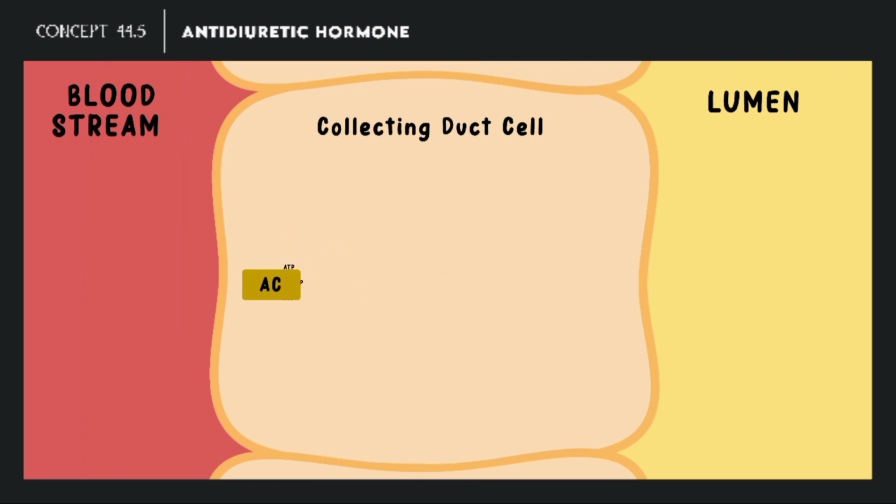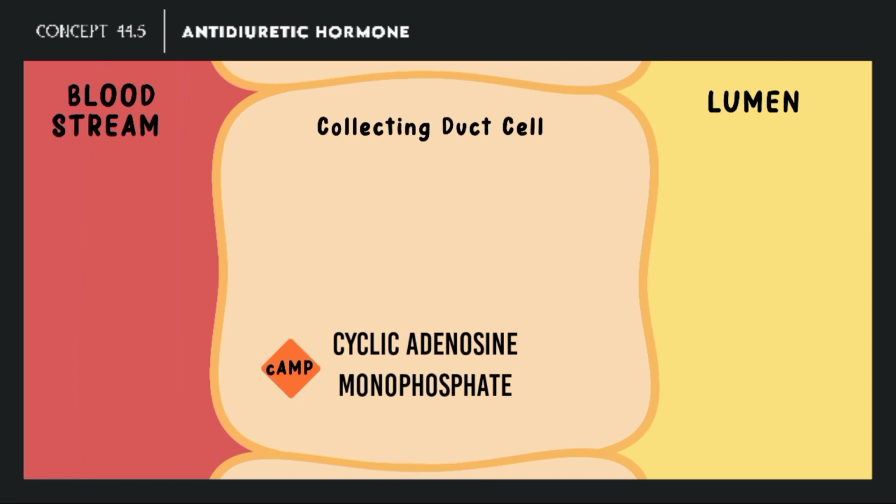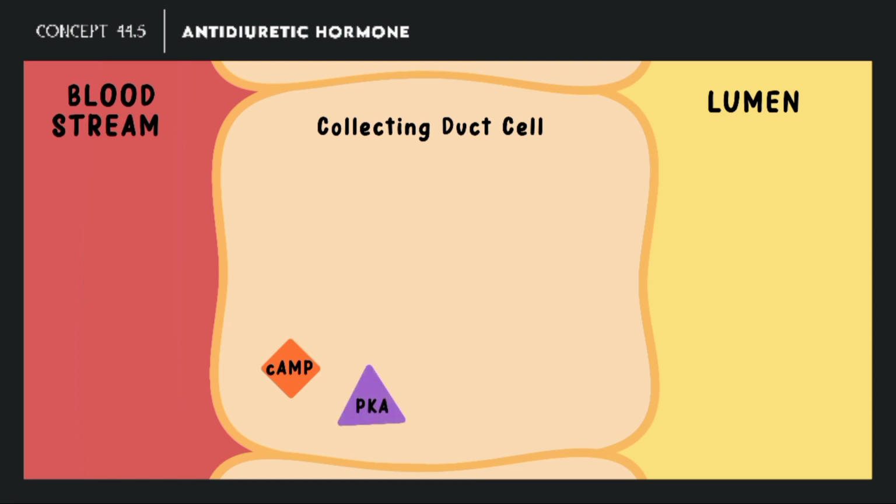AC takes ATP from the cell and converts it into cAMP, or cyclic adenosine monophosphate, also called the second messenger signaling molecule. This cyclic AMP activates a very important protein called PKA, or protein kinase A, which regulates a lot of activities inside the cell.